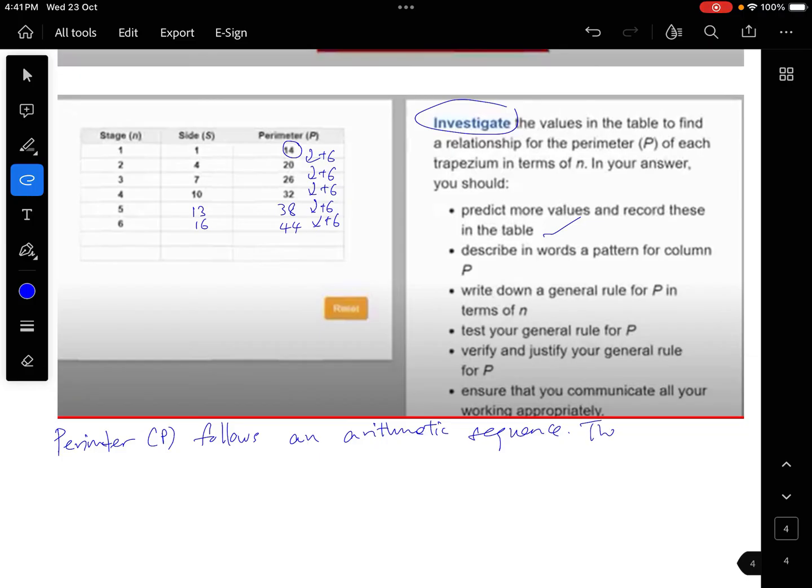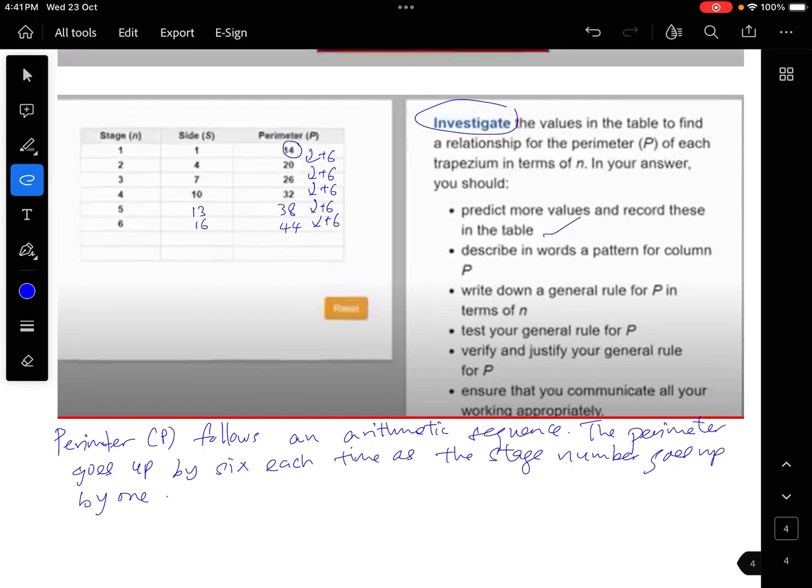The perimeter goes up by 6 each time as the stage number goes up by 1. Okay, so that would be straightforward. I'm just going to call this part 2 as well.